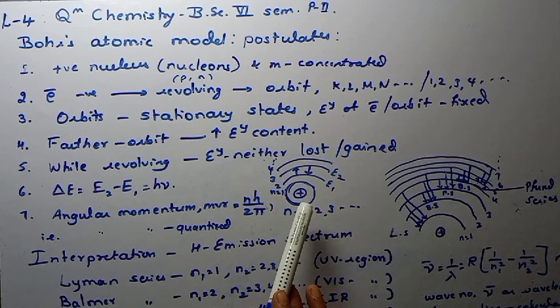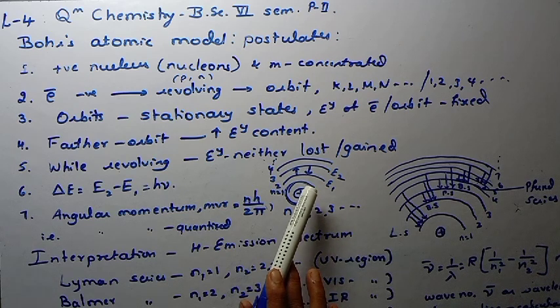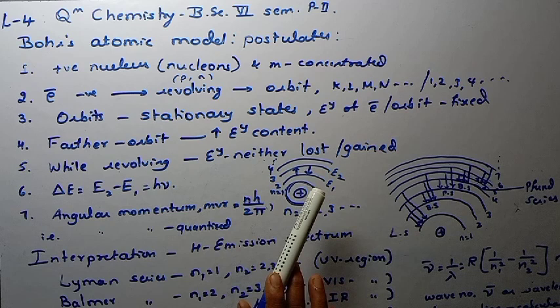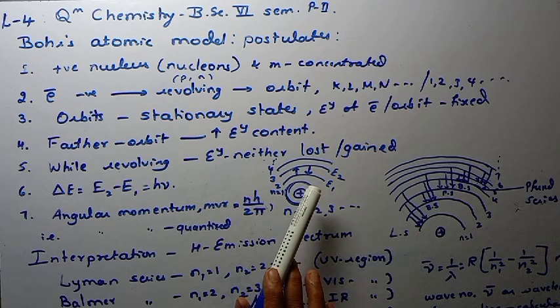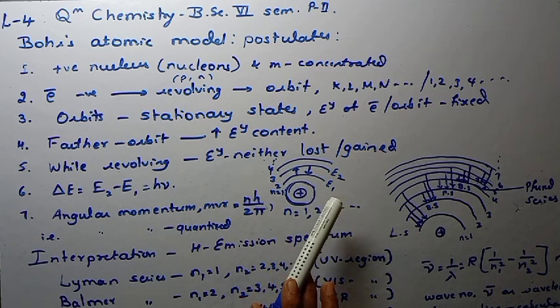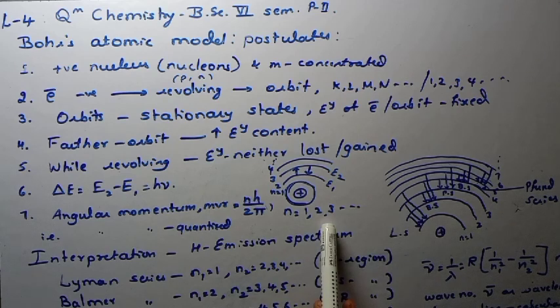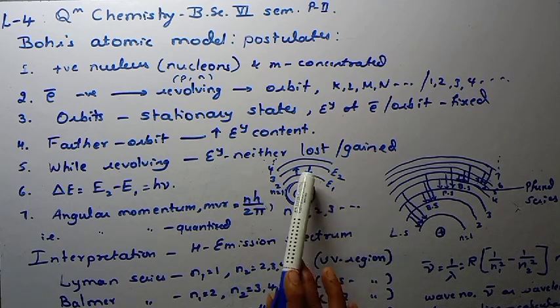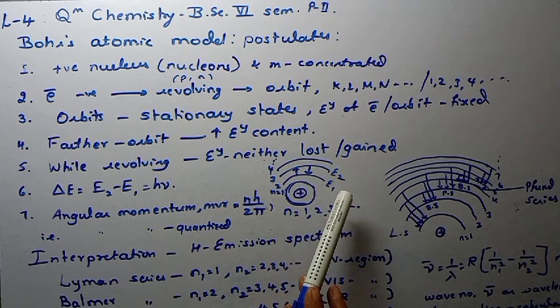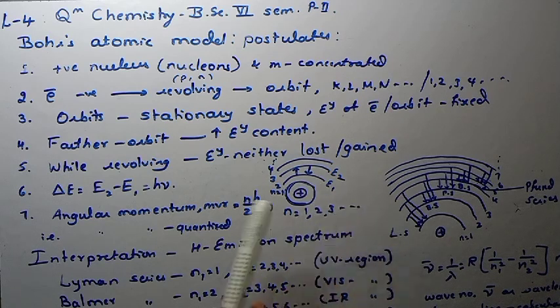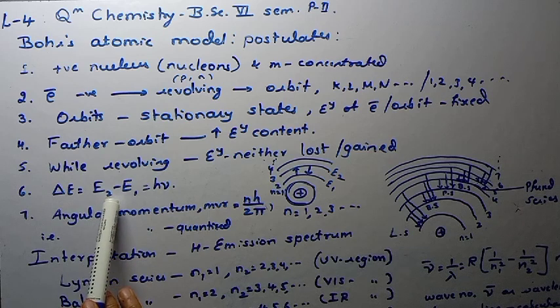By absorbing energy, the electron shifts from one orbit to another orbit. If the electron is in a higher energy level and loses energy, it jumps to a lower energy level. While coming to the lower energy level, it emits radiation.